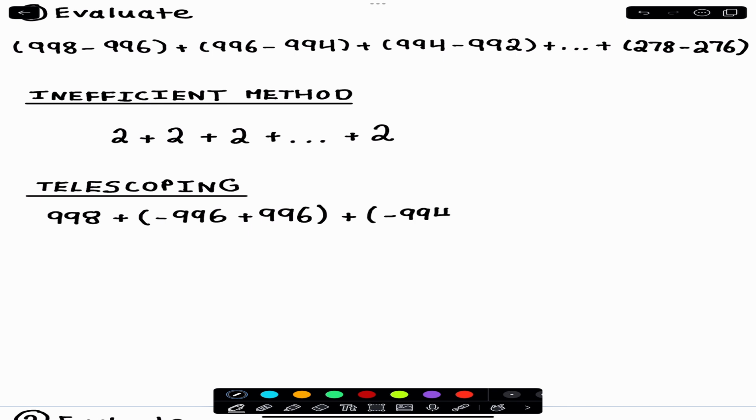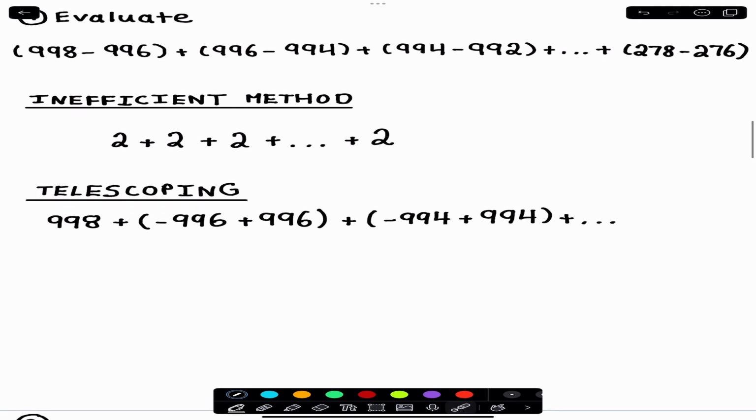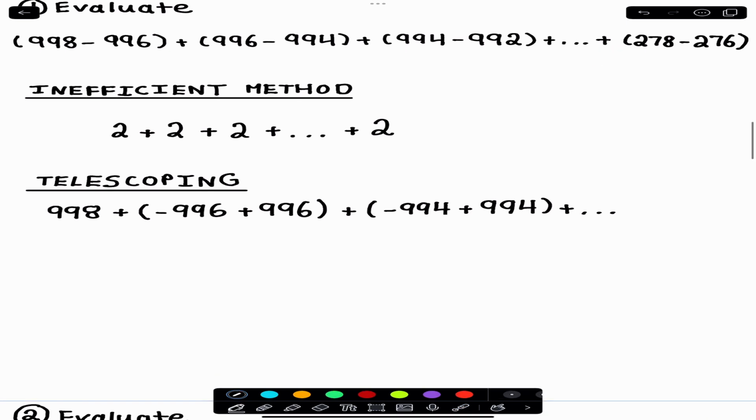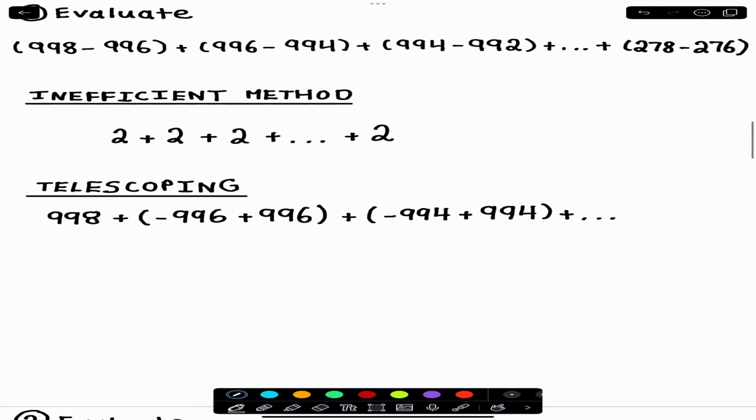What's this? I'm pairing up the negative 994 with the positive 994. And this is going to continue. So that negative 992 would be paired up with a positive 992 somewhere later down the road. That's going to show up. And let's see.